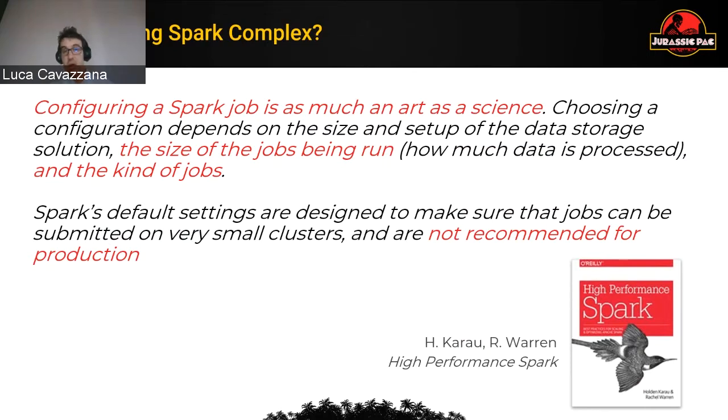But again, it really boils down to our application and our data, so there is no magic rule. If we are able to find the best configuration depending on our application and our data, we can get really significant improvements in the performance of our batch jobs.